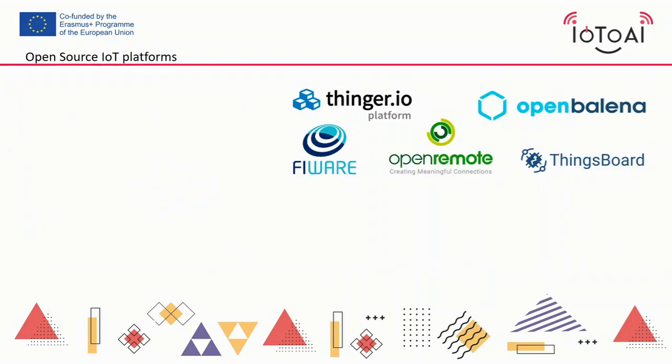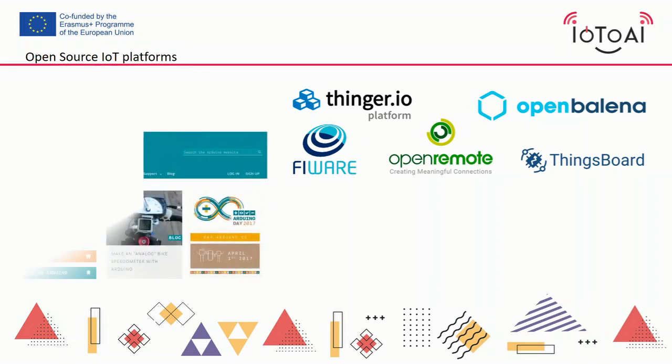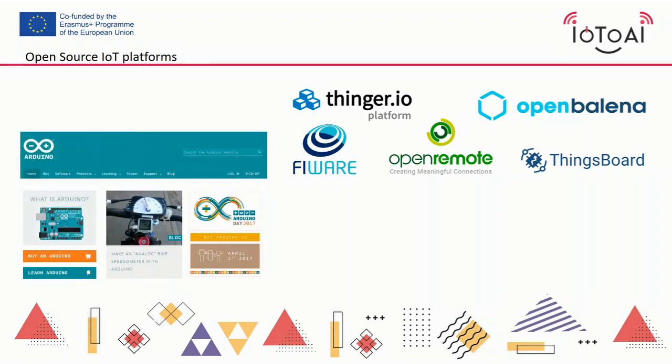From all these IoT platforms, we can also find the open source platforms like Thinger.io, OpenRemote, Fiware, or ThingsBoard, among others. Here, you can see a snapshot of the main screen of each of these platforms.